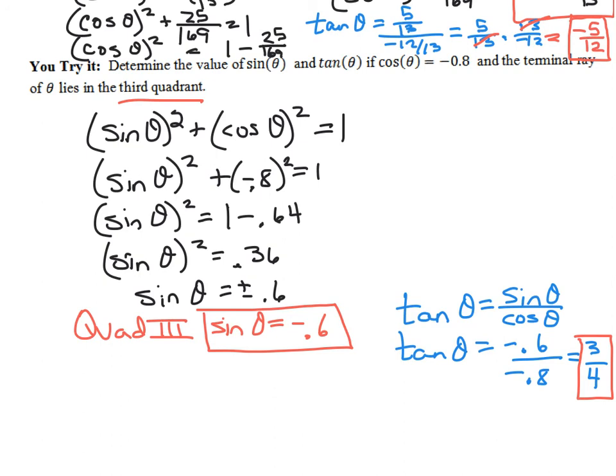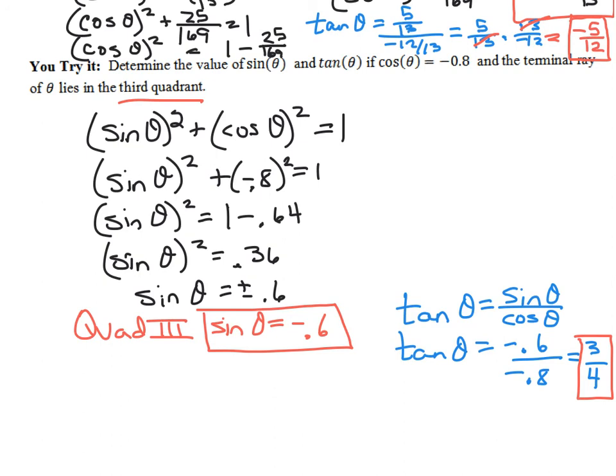Here we see the use of the Pythagorean identity again. So sine squared theta plus cosine squared theta is equal to 1. I've identified the cosine of theta as negative 0.8, so I substituted that in. And when I solved for sine of theta, I got plus or minus 0.6.